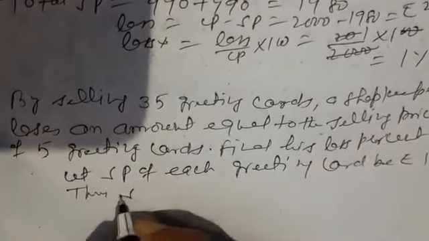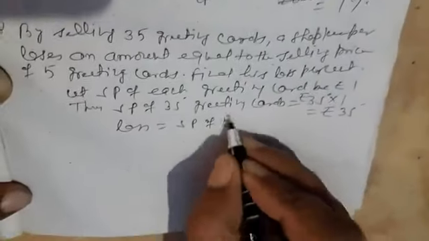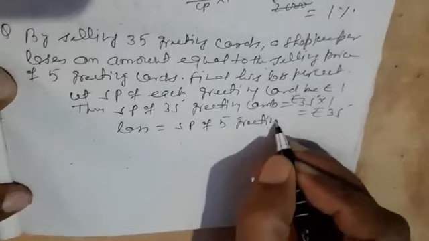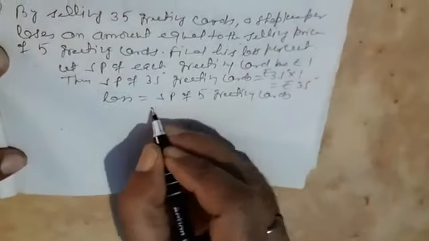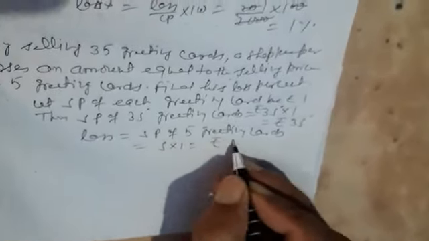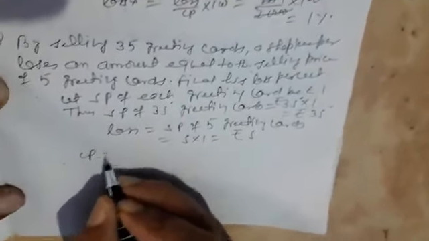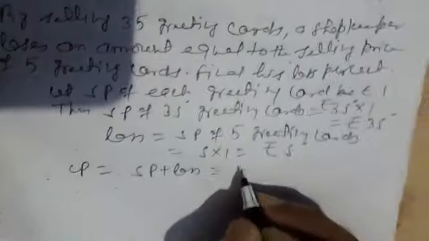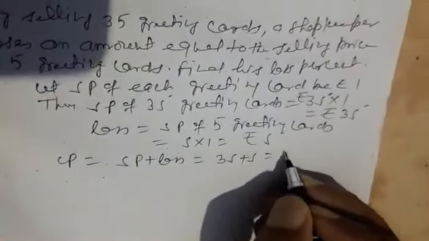Then SP of 35 greeting cards, 35 into 1 rupees means rupees 35. Loss is equal to SP of 5 greeting cards, means 5 into 1, rupees 5. CP is equal to SP plus loss, means 35 plus 5 is equal to rupees 40.